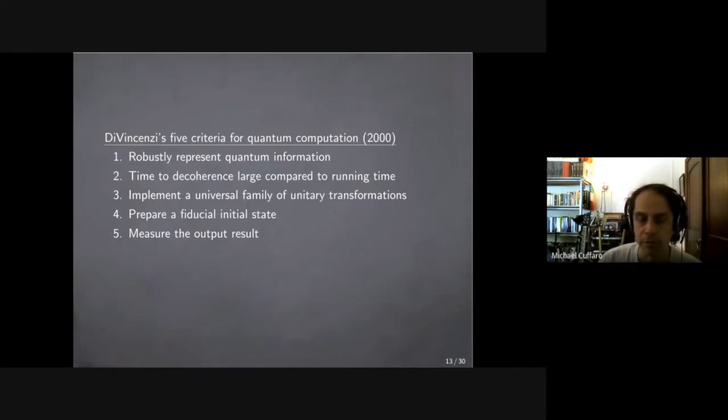The important point is that whatever our convention is, the computer should be able to prepare the input in that way. And then finally, at the end of the computational process, we need to measure the output. And so these are the 5 criteria that DiVincenzo expressed for a quantum computer to be an actual reliable universal quantum computer.